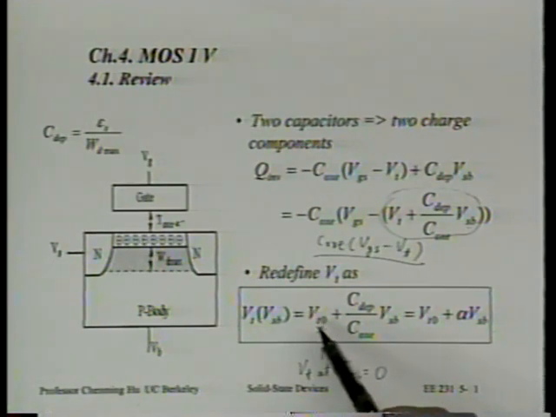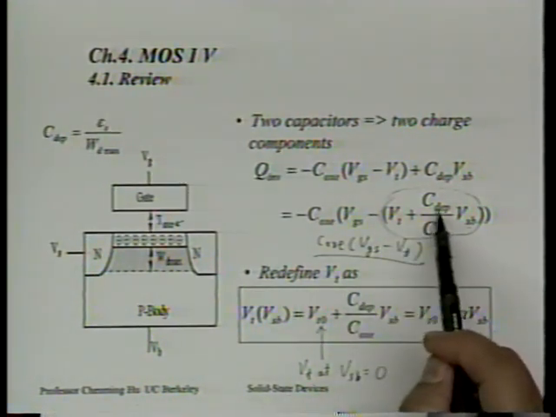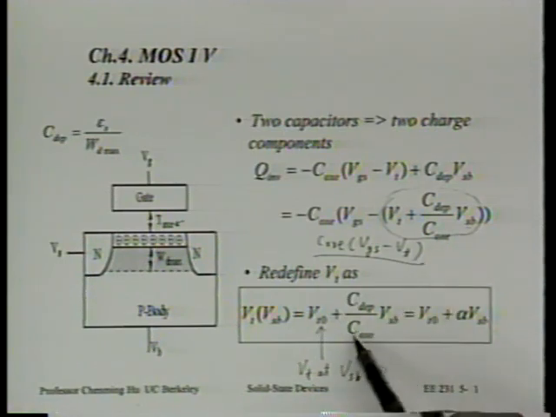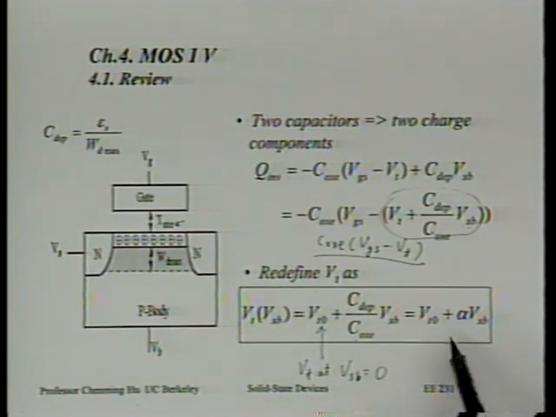That's VFB plus 2phi-B plus the square root of a long expression over Cox. We call that VT naught. Then VT is VT naught plus C_depletion over C_ox E times VSB. Now we highlight the fact that it's a linear function of VSB. So VT is really equal to VT naught plus a constant times VSB.